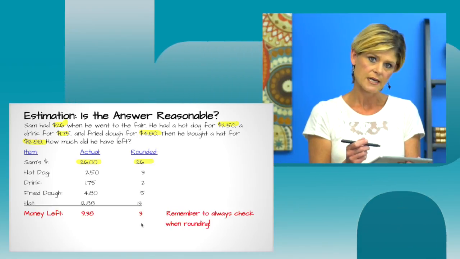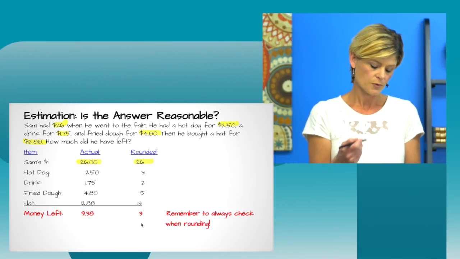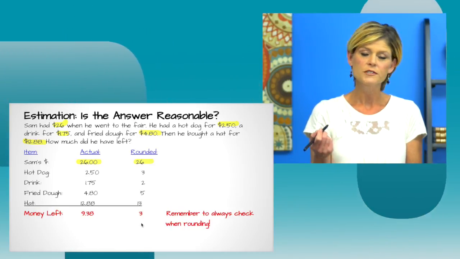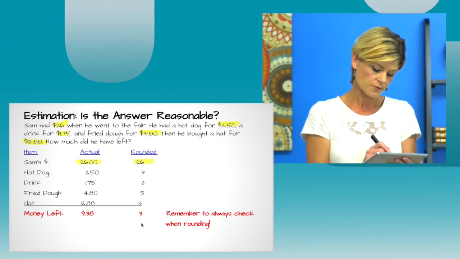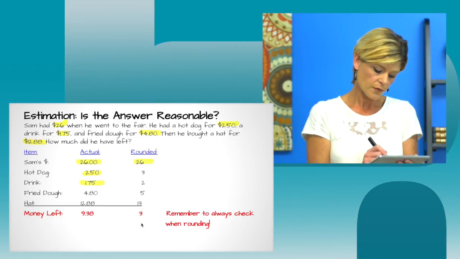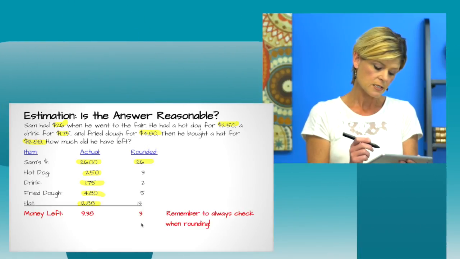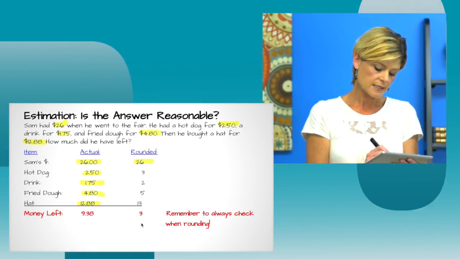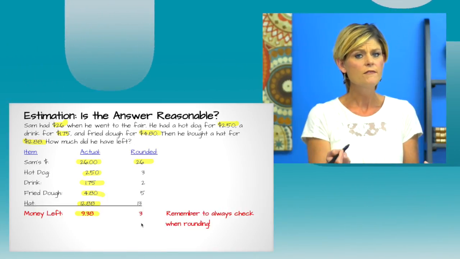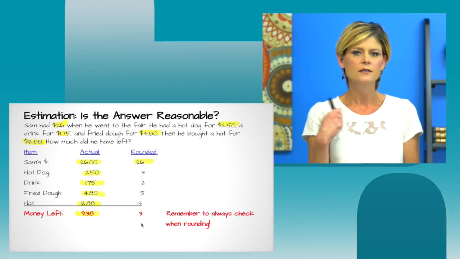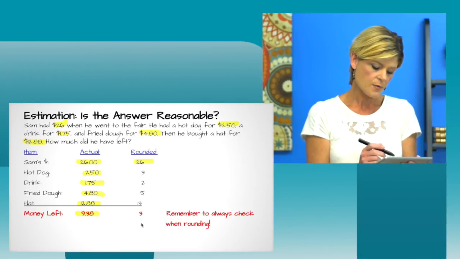I'm going to start with the actual list. So if I start with the actual cost, if I start with Sam's $26 and then I deduct the actual prices of $2.50, $1.75, $4.80, and $12.88, the actual amount of money that Sam has left is $9.38. However, if I round, I get a completely different outcome.